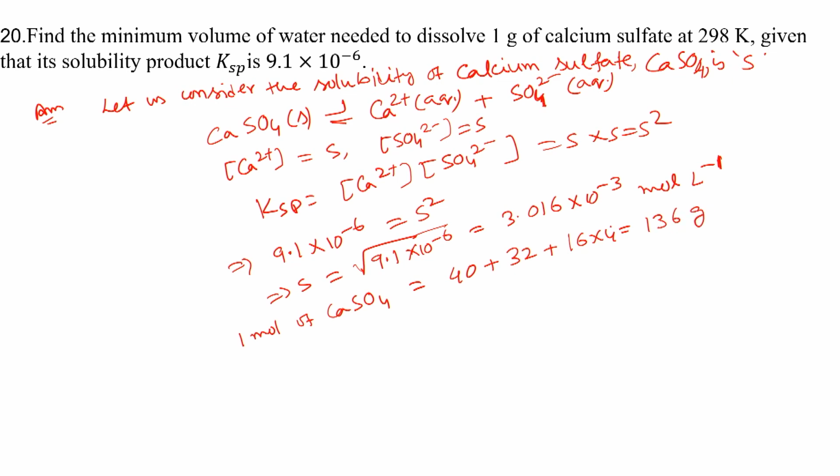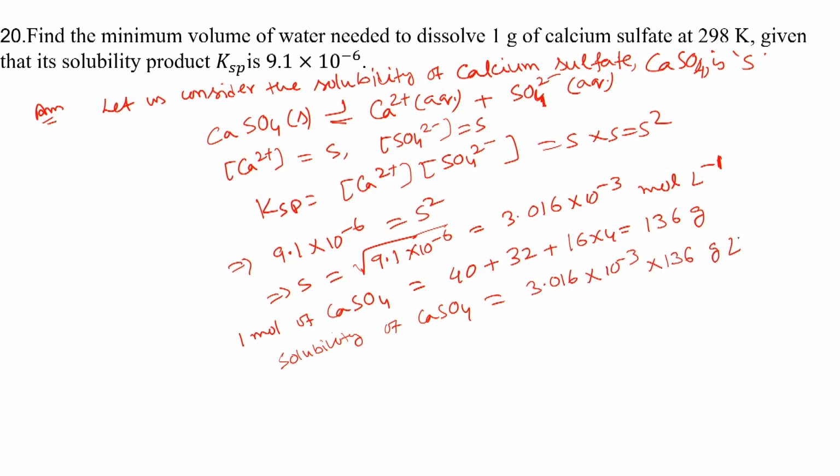So if we multiply the solubility with 136, we get the grams of CaSO4 that can be dissolved in 1 liter. The solubility of CaSO4 is 3.016 times 10 to the minus 3 times 136.